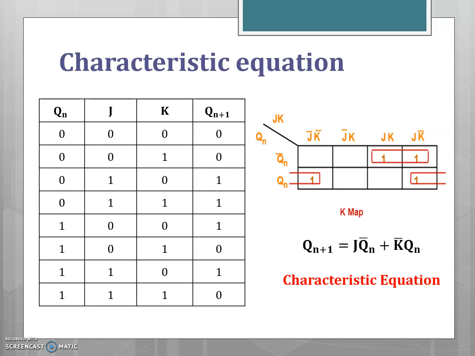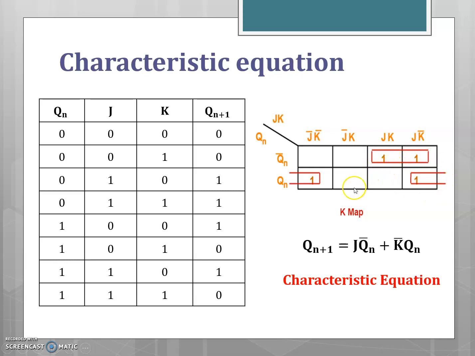Now I am going to derive the characteristic equation from the characteristic table. This characteristic table consists of the present state as well as the flip-flop input. From the Qn plus 1 values, I can plot the K map. Now group the values of ones.